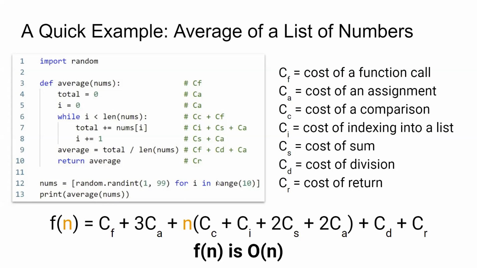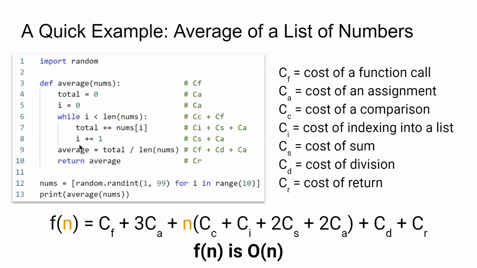If we wanted to, we could figure out the cost of each individual operation in this entire algorithm. First there's a function call, then we calculate the cost. We have the cost of an assignment, a comparison, as well as another function call. Then we've got a sum, an assignment, also a list access, and then a sum and another assignment.